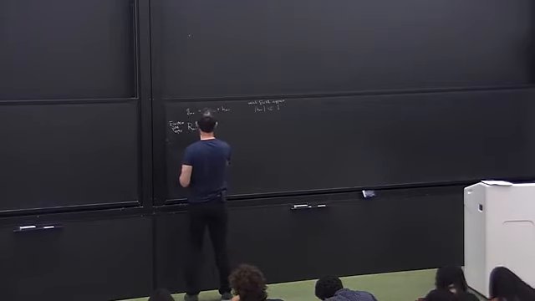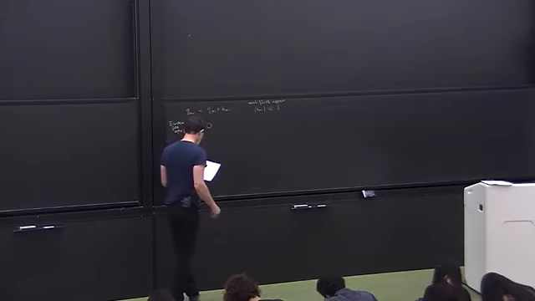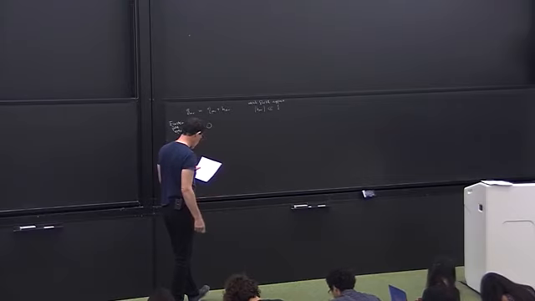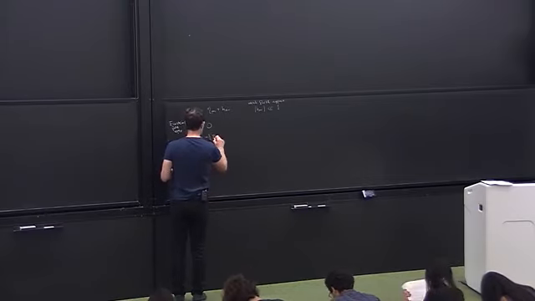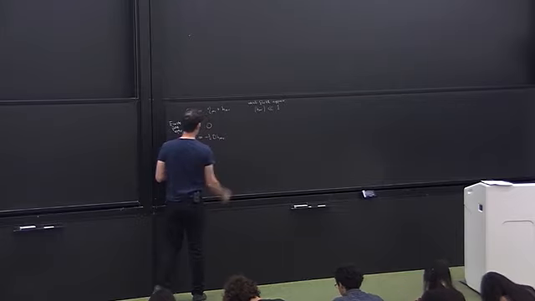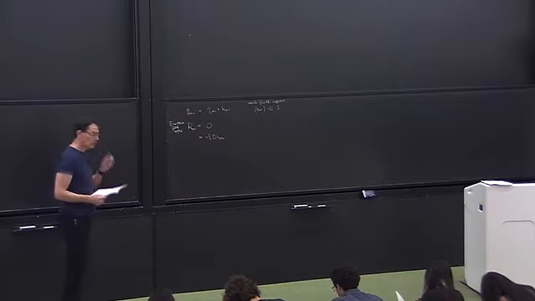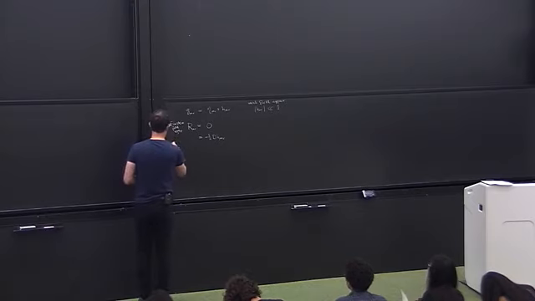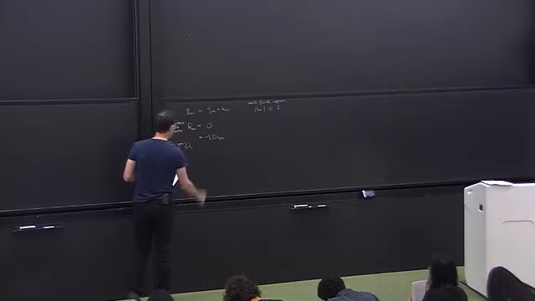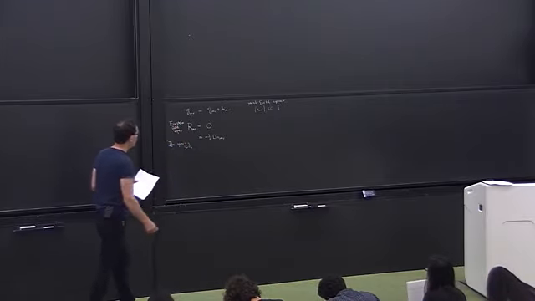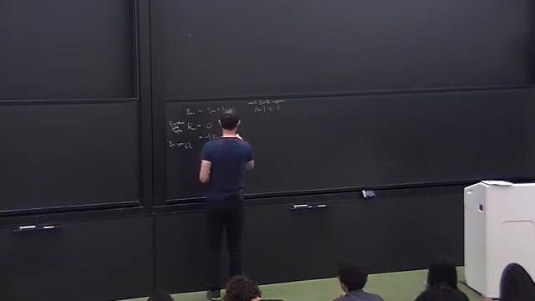And the Ricci tensor in the weak field approximation is minus 1/2 box h mu nu, where box is eta mu nu d mu d nu, in harmonic gauge.